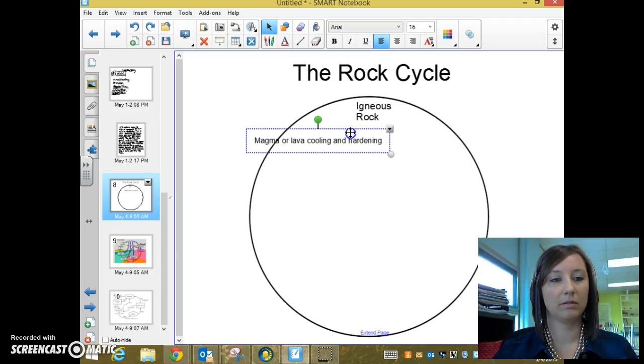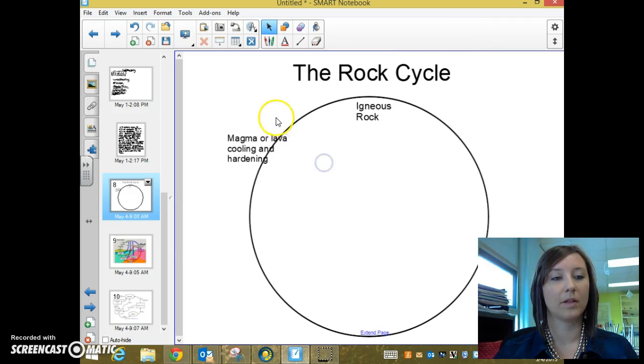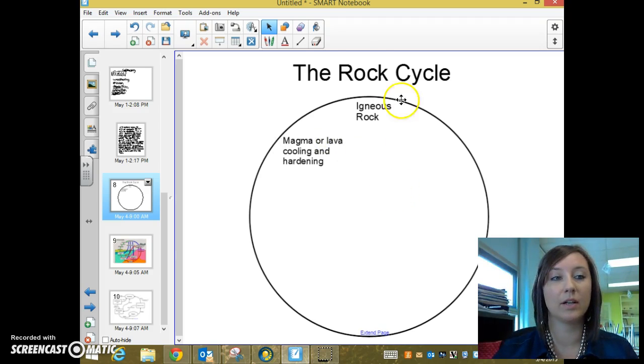And we'll put that right here. There we go. So that's what has to happen first. We start off with magma or lava cooling and hardening.